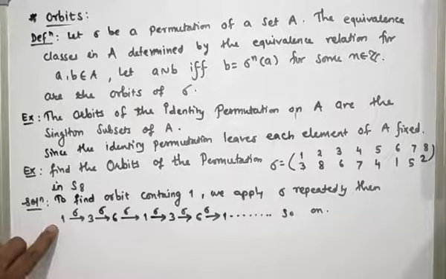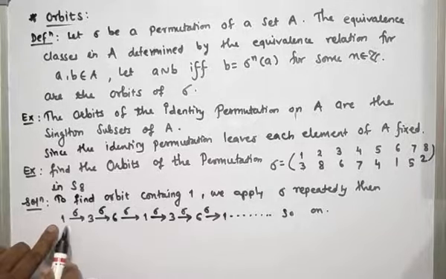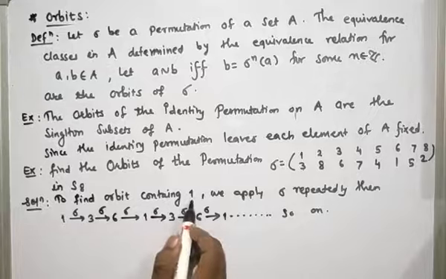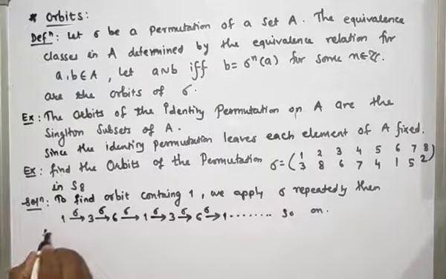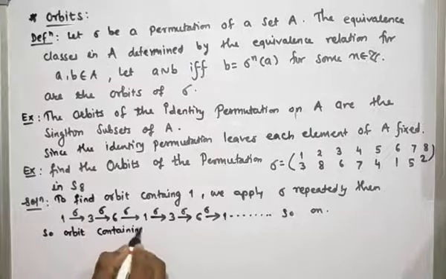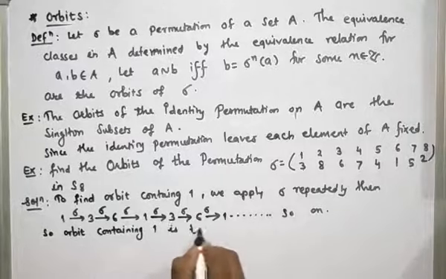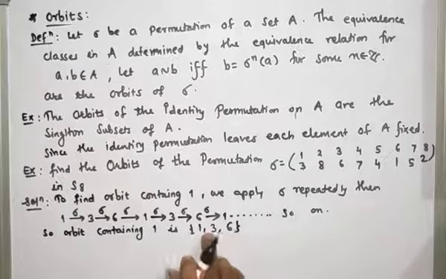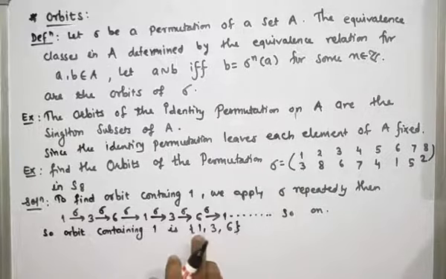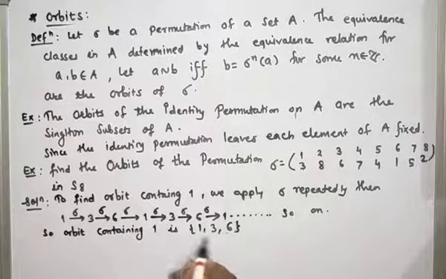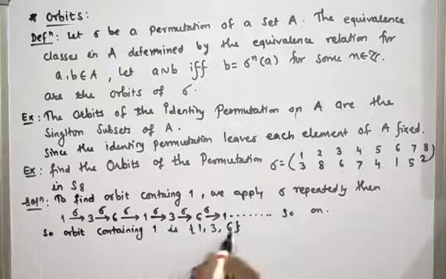So the orbit containing 1 is {1, 3, 6}, which is again the same as the orbit containing 3, and the orbit containing 6, also the same elements 1, 3, 6.